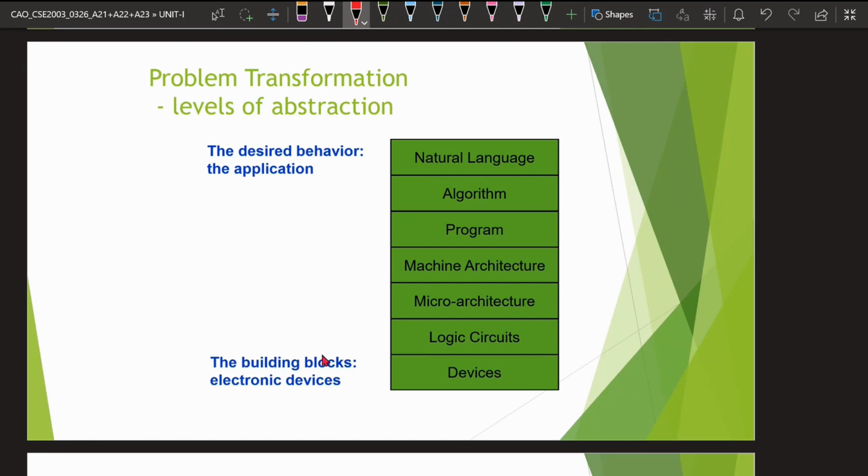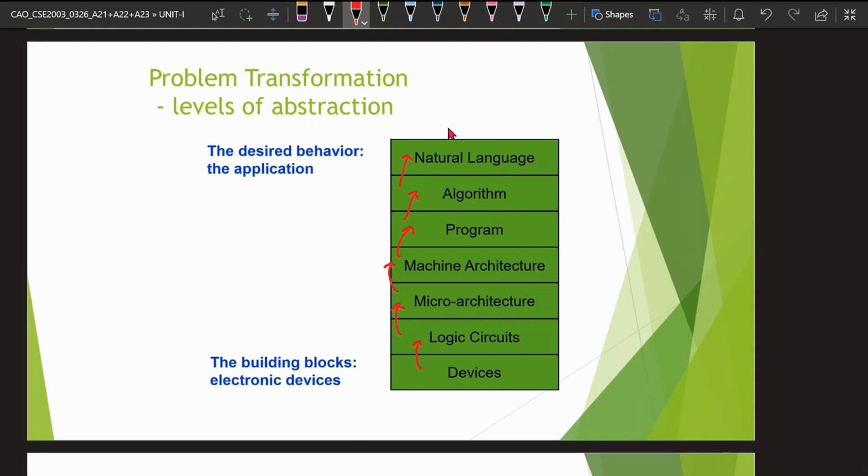Okay, so we have an electronic device. With respect to this electronic device, we are going to make a circuit. This circuit is going to give an architecture, which will be a machine architecture. On this machine architecture, we are going to give some program, and with respect to this program we should have an algorithm, and this algorithm will be based on the problem that was in natural language.